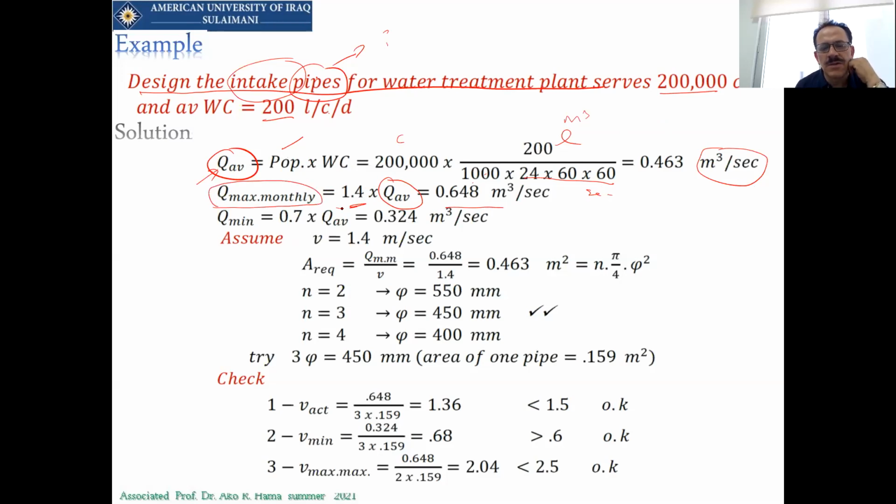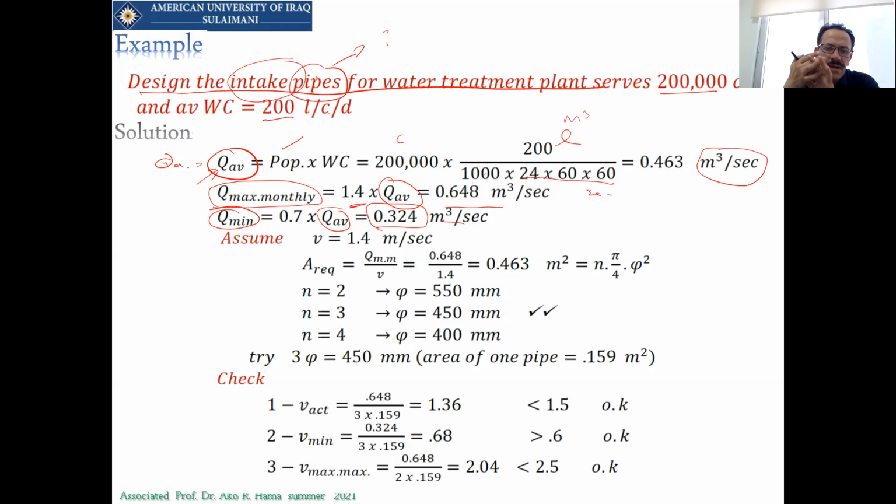This Q average, 0.463, multiplied by 0.7, will be 0.324 meter cube, and this is called Q minimum. So now we have three Qs: Q average, Q maximum, and Q minimum.